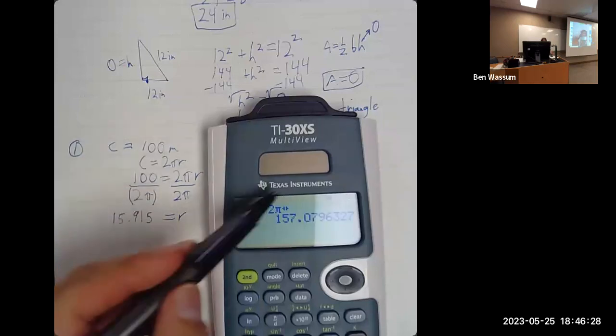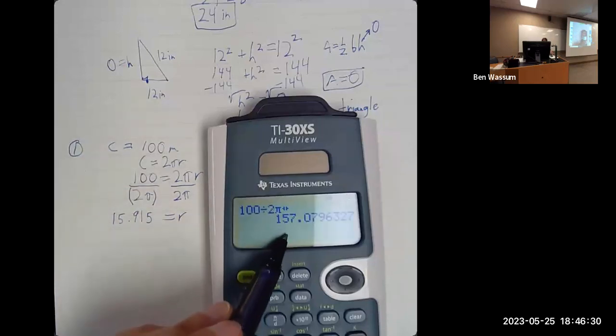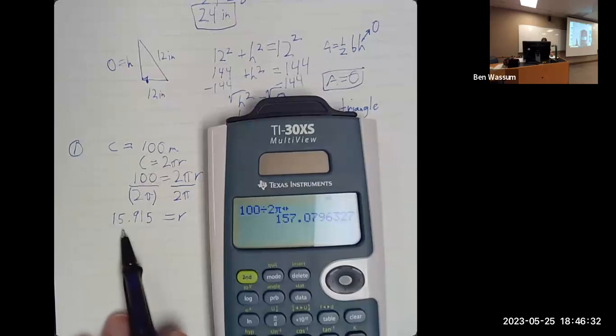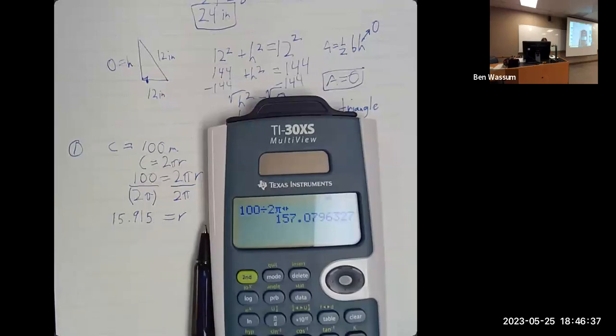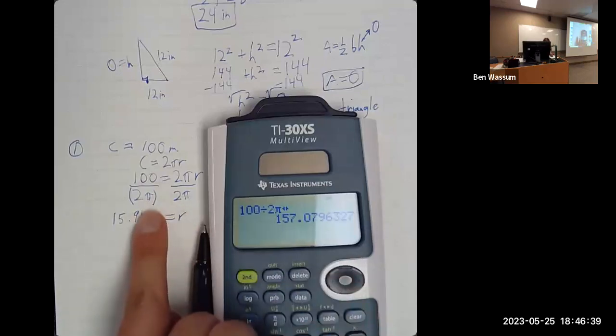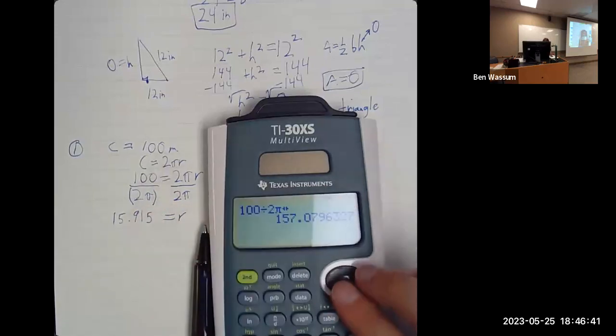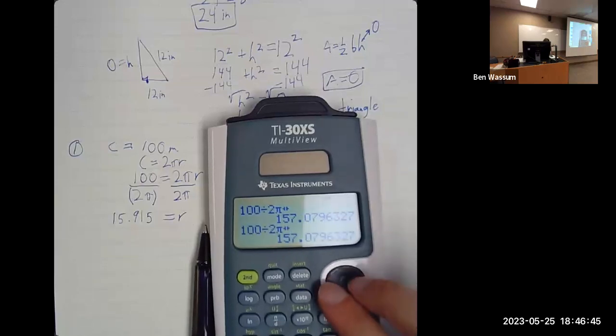If I hadn't done that, I would have ended up with 157, which is almost 10 times this number. The reason is that between these two symbols, the 2 and the pi, they're being multiplied.